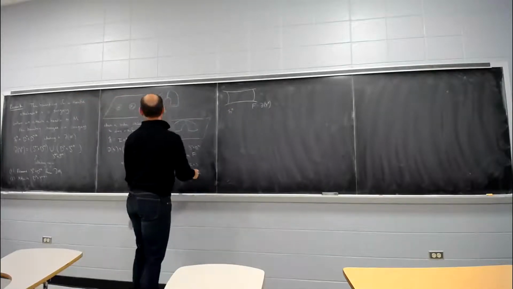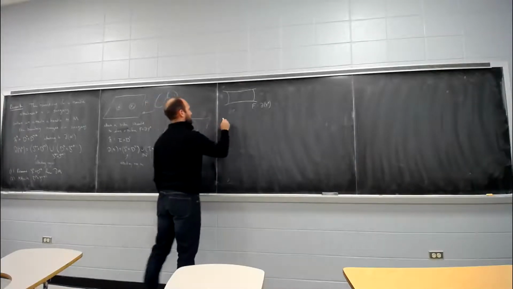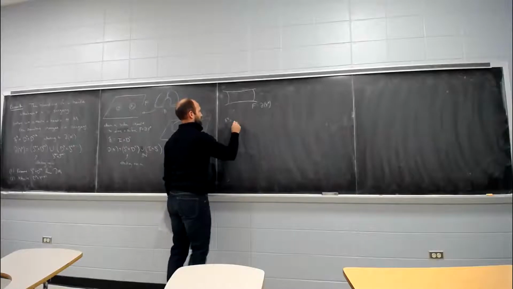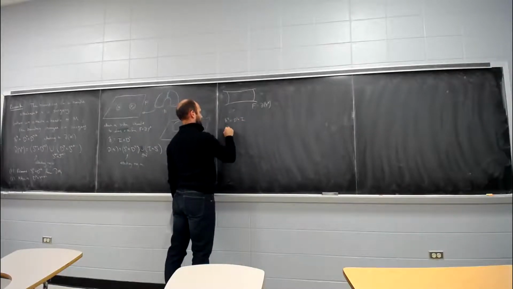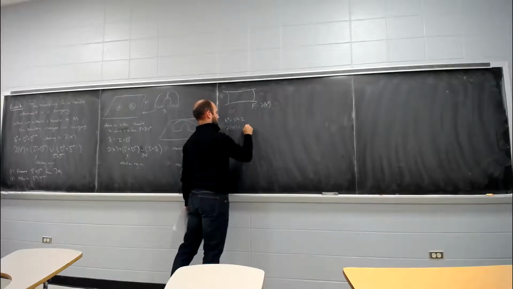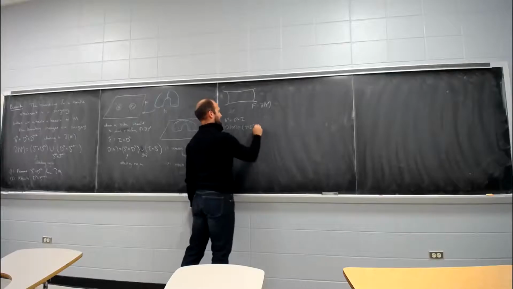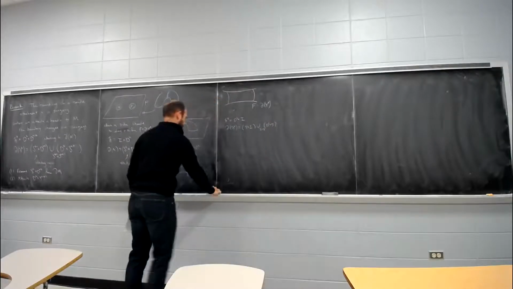And what does a two-handle look like? Well, H2 is D^2 cross I, and so the boundary of H2 is S^1 cross I, so now we see the annulus in the first coordinate, union D^2 cross S^0, and we see the two disks in the second coordinate.